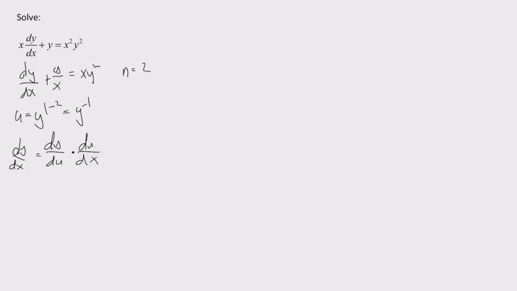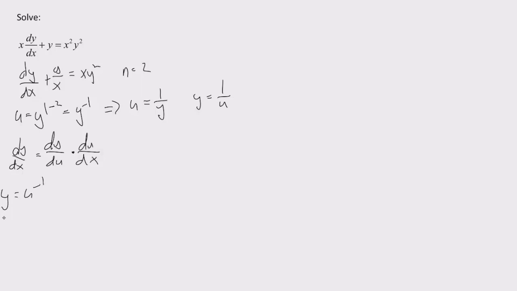If u is equal to y to the negative 1, that means u equals 1 over y. That additionally should mean that y is 1 over u.